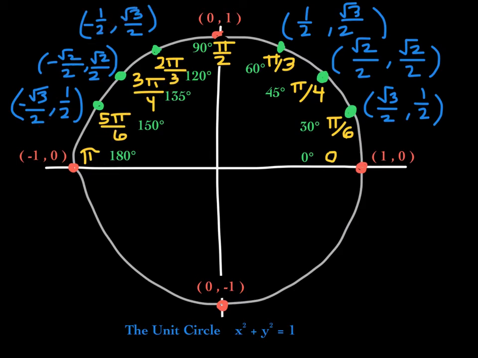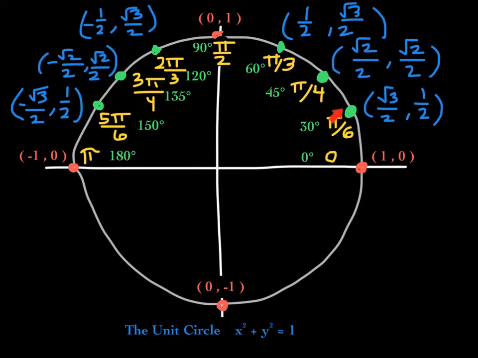Now, I want you to notice that all of these function values here are the mirrored image of these ones here across the y-axis. So when you have the mirrored image, for example, of this point across the y-axis like this, the y-coordinate stays the same. Look at 1/2, 1/2. The only thing that changes is the x-coordinate.